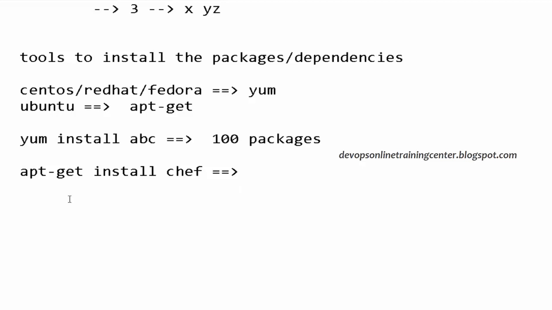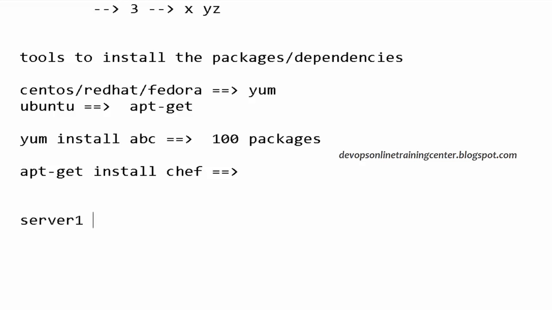So from where does it actually pick up the packages? From where does it download them? There has to be some site, some repository, some centralized server, which our machine connects to, downloads the packages from, and installs on the local machine, right?